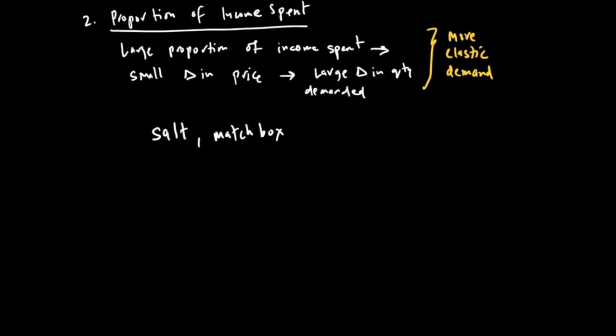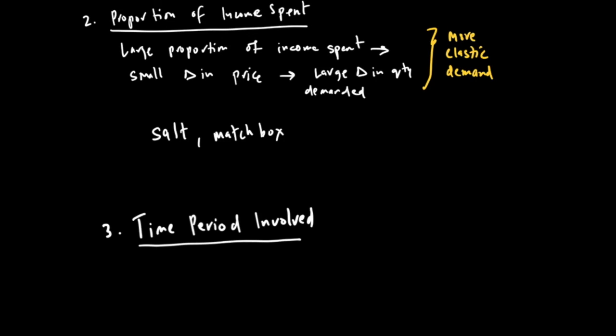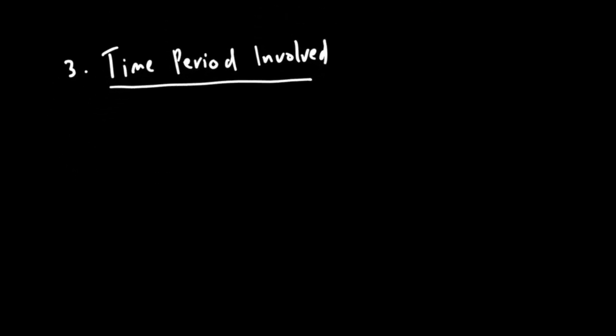The third one, number 3, is what we call time period involved. Well, if I give a consumer only one day to leave the consumption of a good, which he has been doing for many days, he will have a very difficult time to do so.